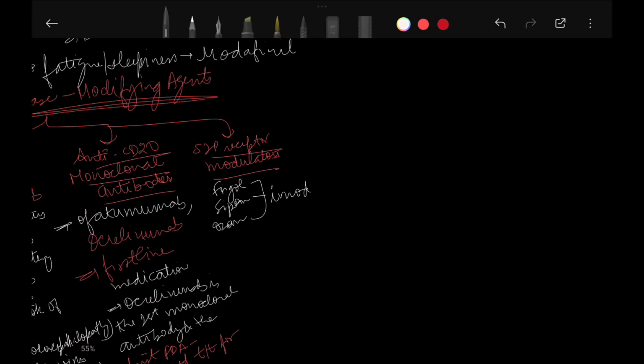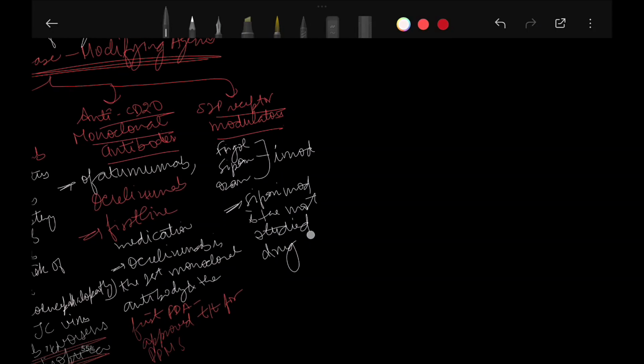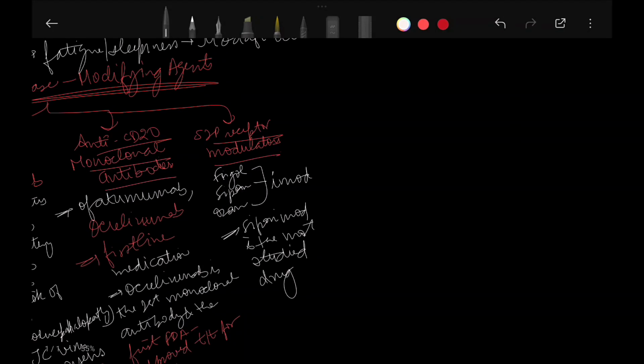Siponimod is the most studied drug for SPMS. Ocrelizumab was the most used drug for PPMS, and the most studied one for secondary progressive multiple sclerosis is siponimod.